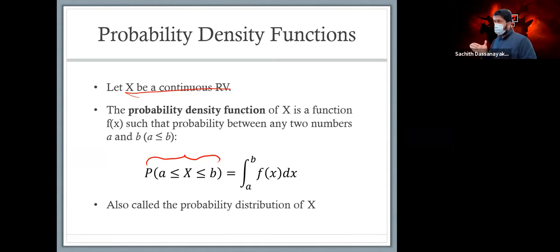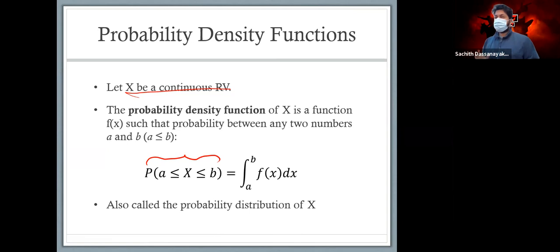So to measure the area, we use integrals. That's why our PDF equals this integral. You can see your lower bound is A, upper bound is B, and you integrate your function with respect to x, that variable.